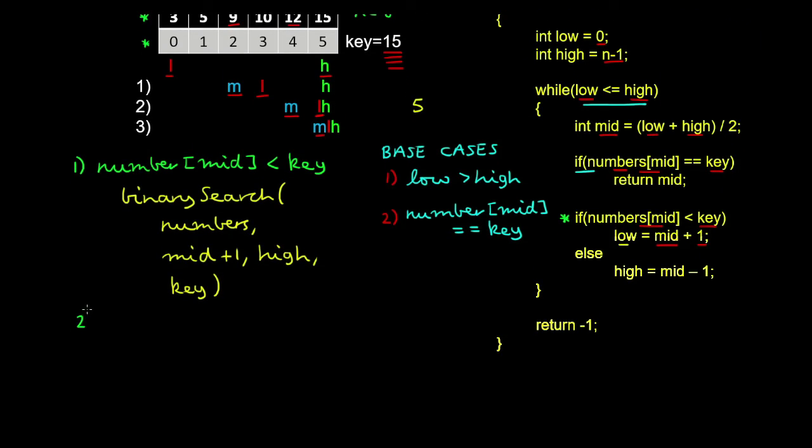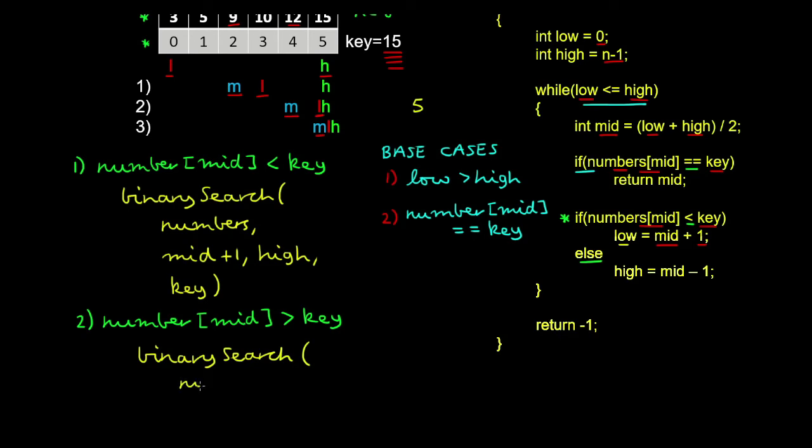Now as for the other recursive call, that's when the number at the middle index is greater than the key, because we've already checked if the number is equal to the key or less than the key. So in this recursive call, we again take the reference to the numbers array as an input, and this time when a number at the middle index is greater than the key, then we have high being equal to mid minus 1.